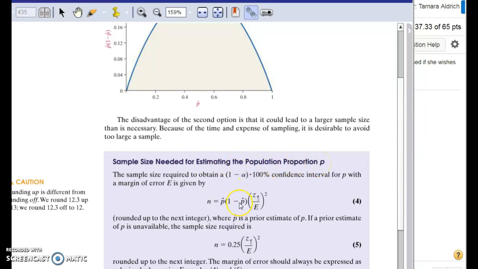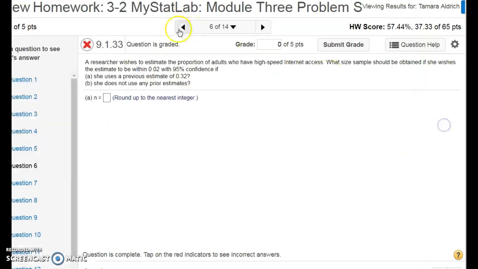And it gives you the formula here that you're going to use. And the first formula here has p hat, which is a prior estimate of our population proportion. And that's what you're going to see here with part A, is we have a previous estimate. So we're going to use that first formula because we have a previous estimate.